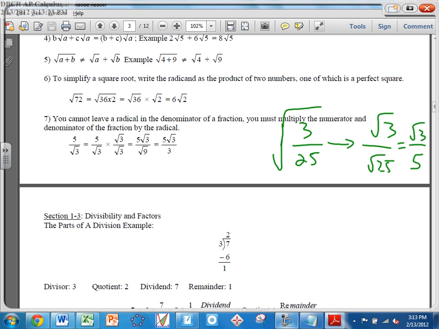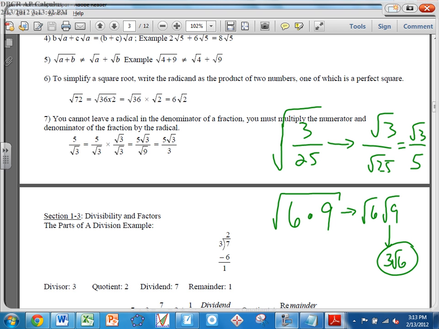Same thing goes for multiplication. If you have radical 6 times, let's say, 9, I can make it root 54 and then figure out how to simplify it, or I could just make it root 6 times root 9, but root 9 is really 3, so this becomes 3 root 6. The 3 goes straight down there.